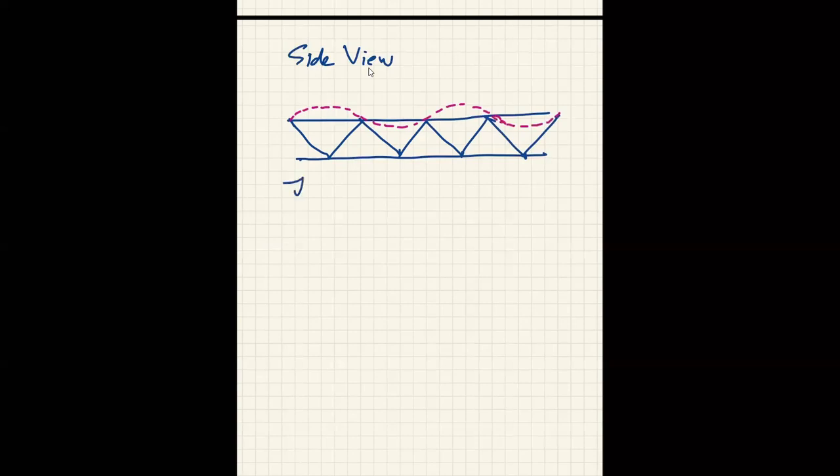The joint becomes your bracing, right? Because it cannot go up and down where the joint is. Even though the entire truss member can go up and down, in terms of buckling, it has to go up and down between the joints like this. And so this is your L.